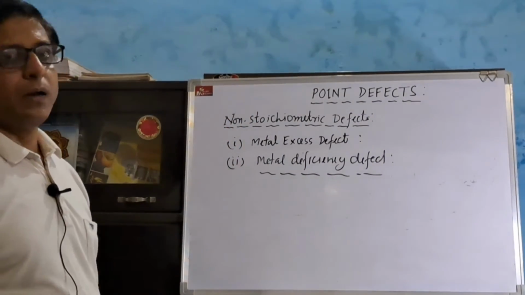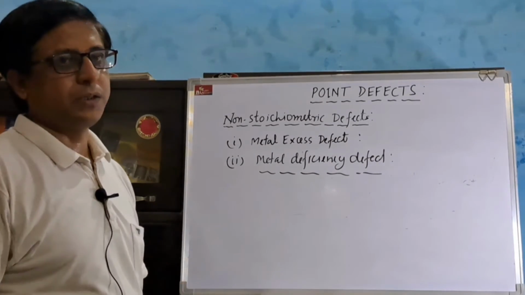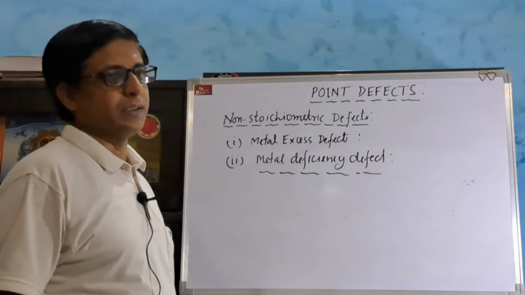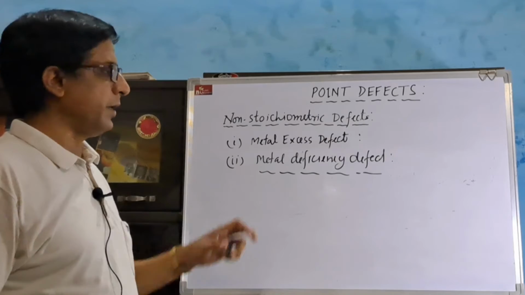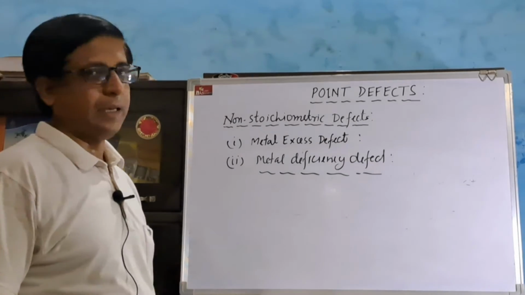There are many solids in which the metal is present in lesser amount. When these compounds are synthesized, the stoichiometry of the compound shows that metal is in lesser amount.